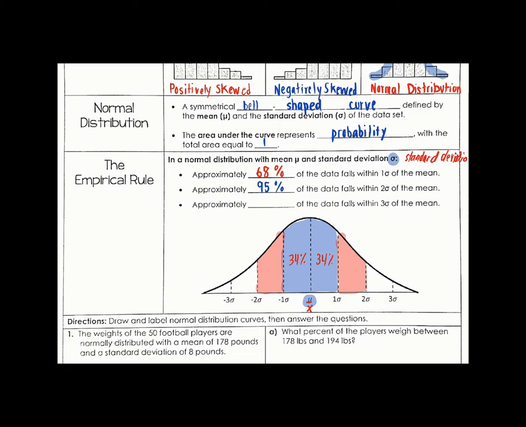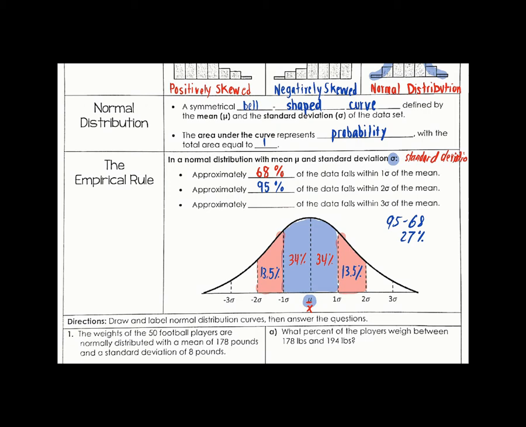Well, how much of that 95% is already gone? 68% of it's already gone. So 95 minus 68 leaves me with how much? 27. So only 27% falls in those little red areas that I've highlighted here. So what is 27 divided by 2? 27 divided by 2 is 13.5. So 13.5% lie in both of these two locations that are two standard deviations away from the mean.